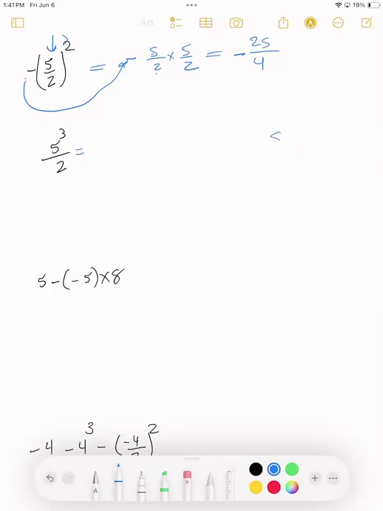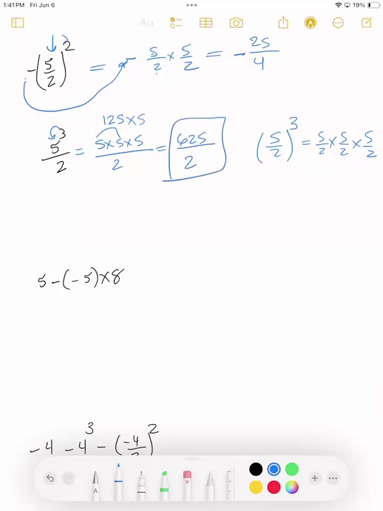If you had 5 over 2 to the power 3, this means 5/2, 5/2, 5/2. But right now 3 is over 5 only. So you have 5 times 5 times 5, you only have one 2. 5 times 5 is 25, 25 times 5 is 125. So that is your answer.